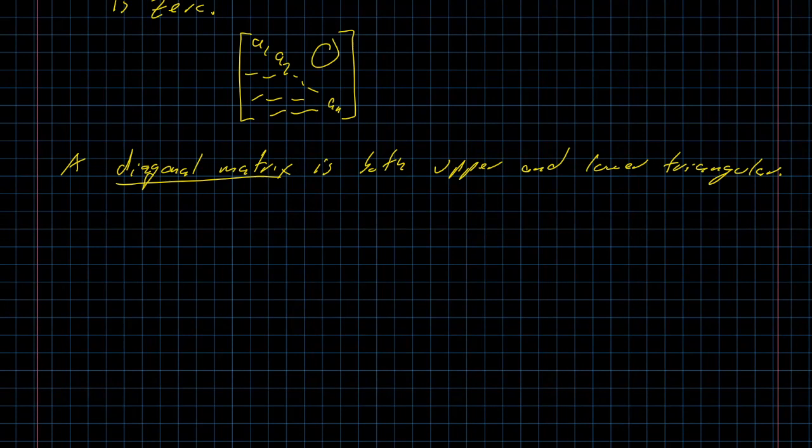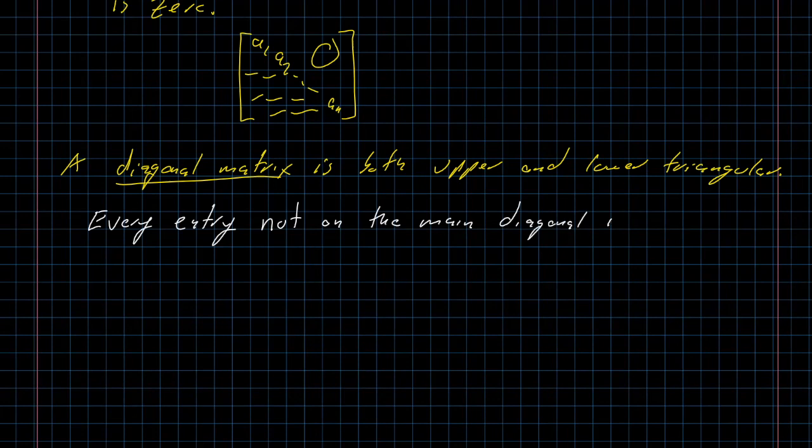But if we go back and think about what that says, well, every entry above the main diagonal is zero because it's lower triangular, and every entry below the main diagonal is zero because it's upper triangular. Right? A diagonal matrix is a matrix where every entry not on the main diagonal is zero.